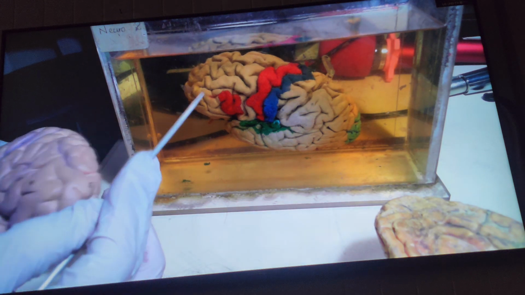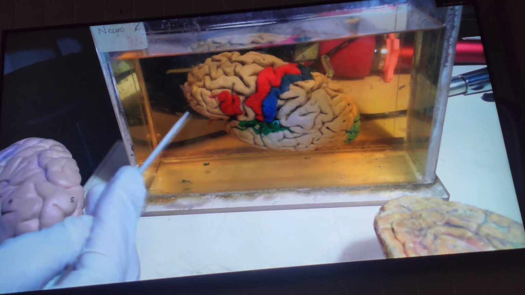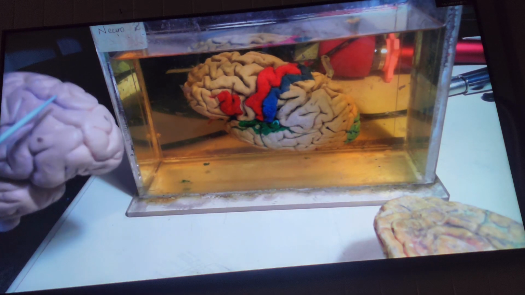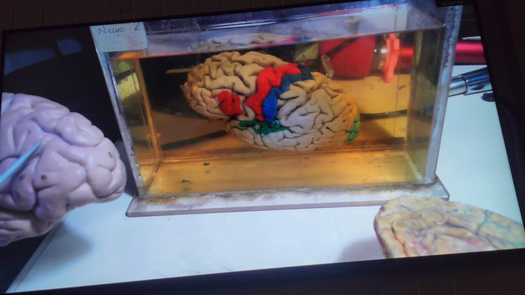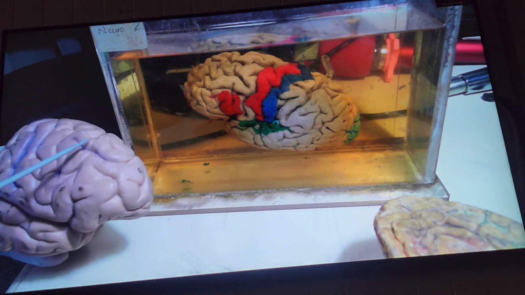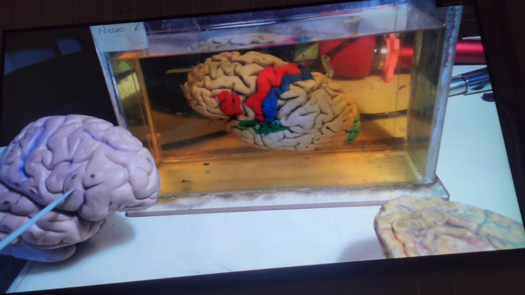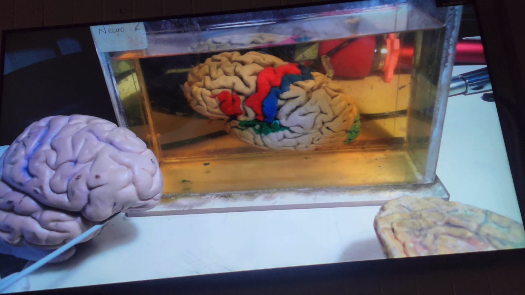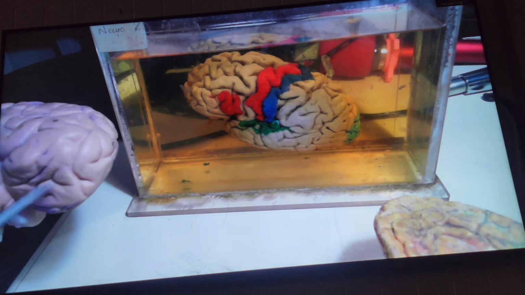Anterior to this region, there is the prefrontal cortex. Here you can see the prefrontal cortex, which consists of parts of the superior frontal gyrus, middle frontal gyrus, and inferior frontal gyrus, even containing part of the orbital gyri.